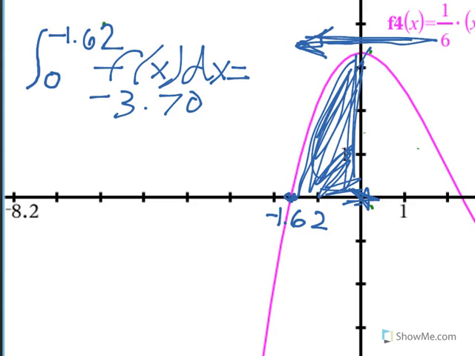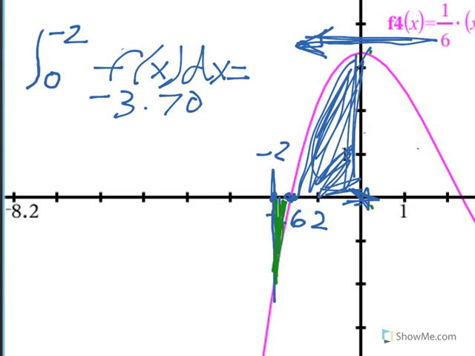But then say instead of from negative 1.62, we wanted to do the integral from 0 to negative 2. So that would be right here, negative 2. Then we have this little slice of this part down here. So let's make that green.